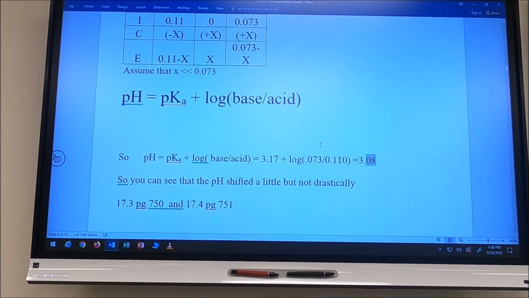So 0.073 divided by 0.110, take the log of that and add it to 3.17. I get a pH here of 2.99. It started out in our pure solution at 3.17. We went to 2.99. That is not much of a change in pH. The pH shifted a little bit, but not dramatically.